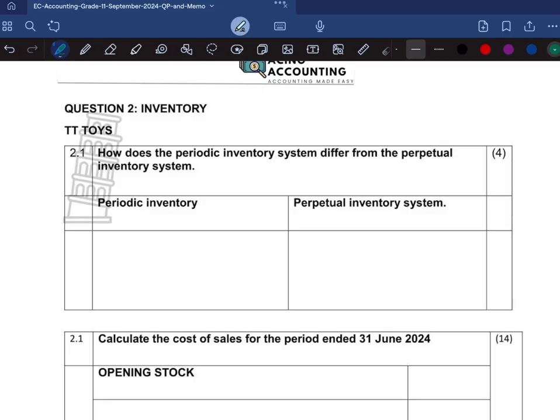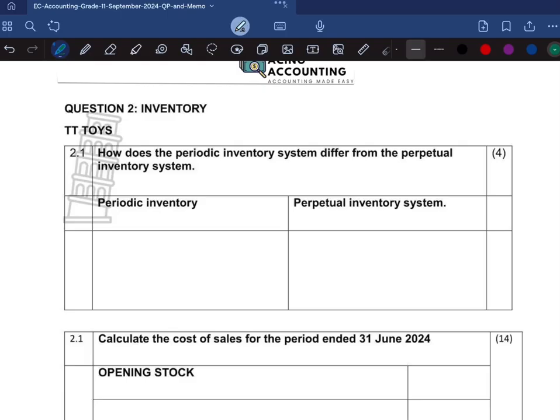The periodic inventory system, we know that it happens only once a year, where we calculate our cost of sales only at the end of the year. When we are making sales, we do not calculate cost of sales at every point in time, right?